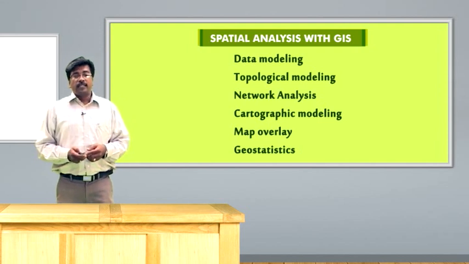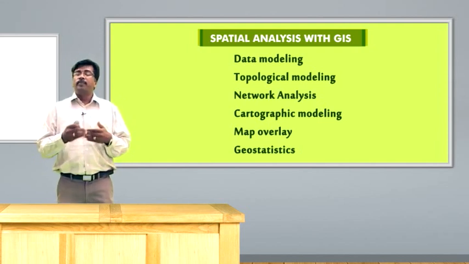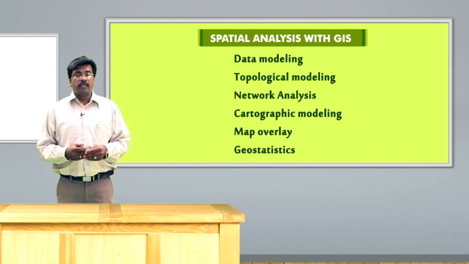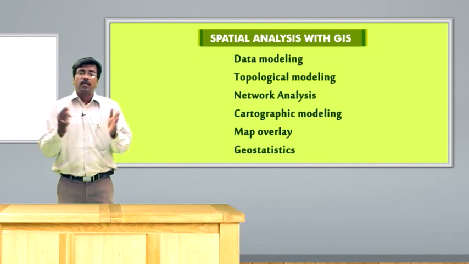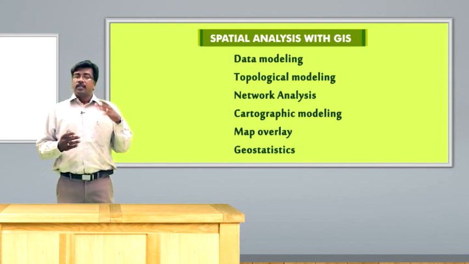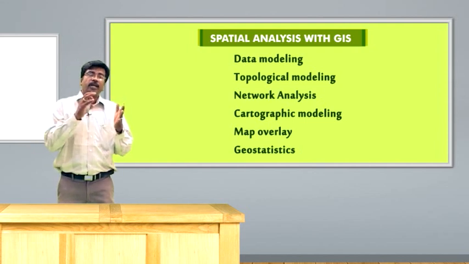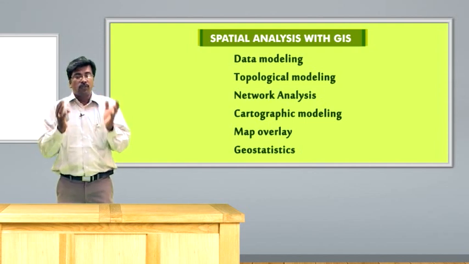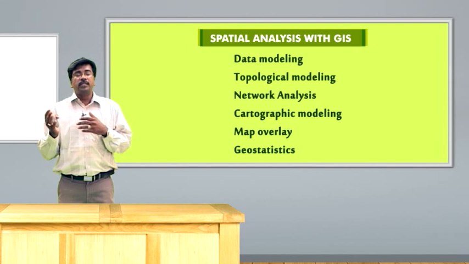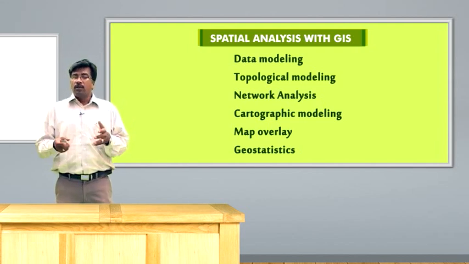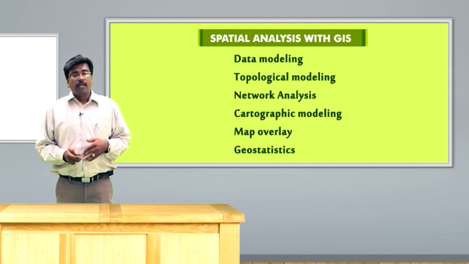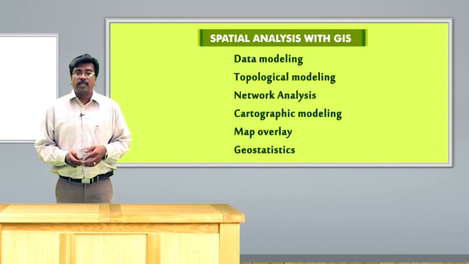And the fifth one is the map overlay. We have many analyses with map overlay, say union, putting two maps together, and intersect, so we can pick out the intersection of two maps. And data extraction is also possible with map overlays. The last one is geostatistics.